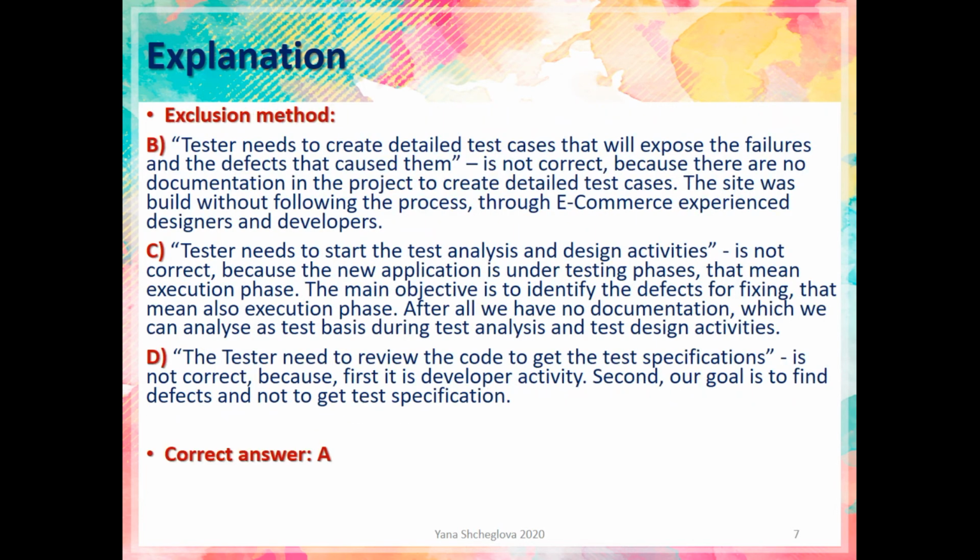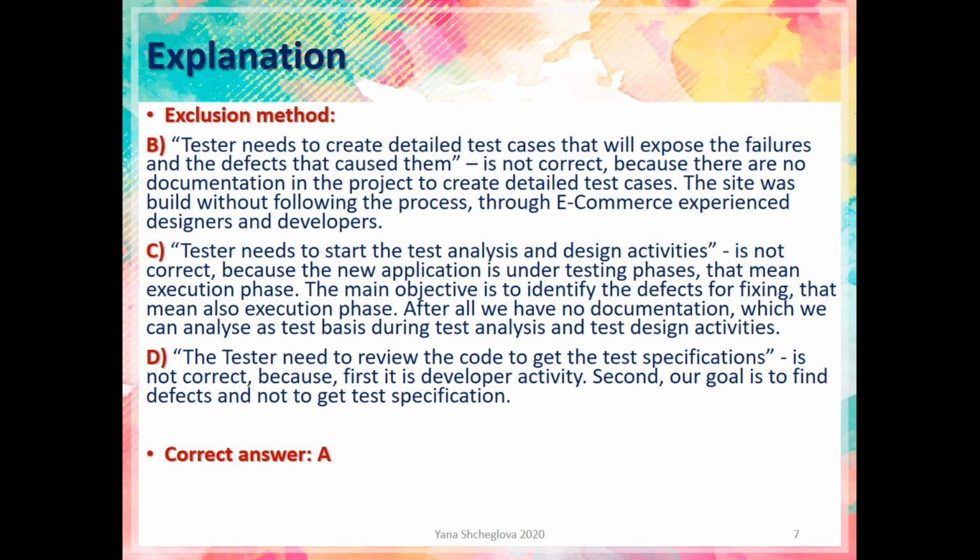Now to the exclusion method. Answer B. Tester needs to create detailed test cases that will expose the failures and the defects that caused them. It's not correct because there is no documentation in the project to create detailed test cases. The site was built without following the process through e-commerce experienced designers and developers.